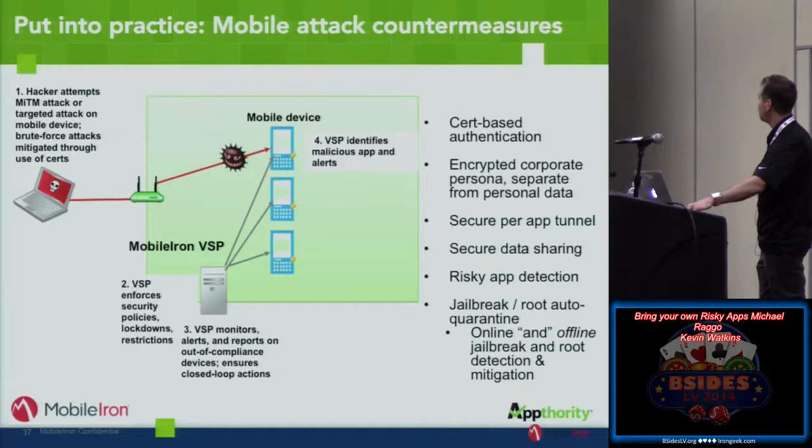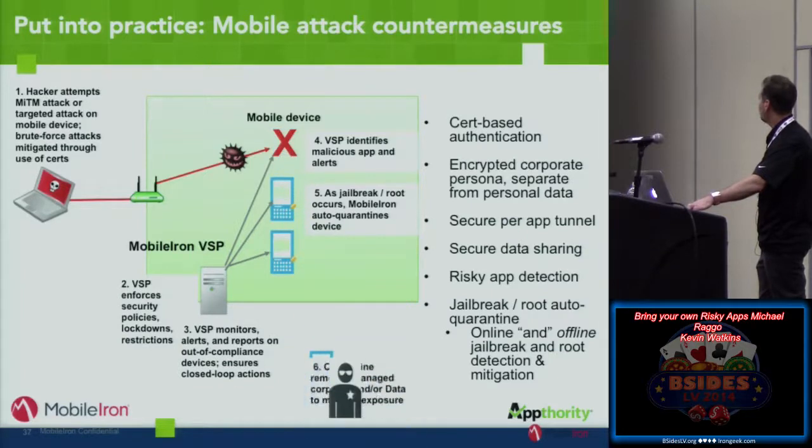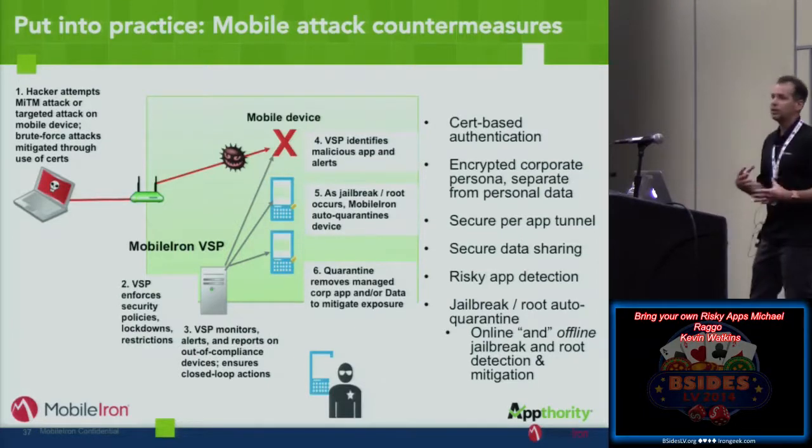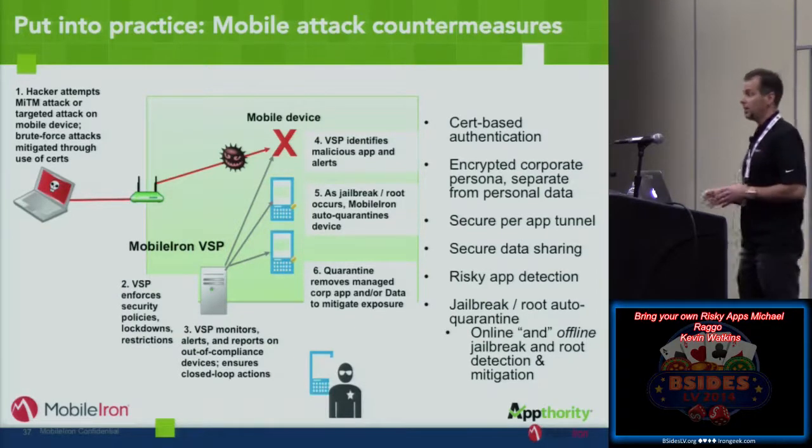If we identify a malicious app, alert on it. If we see a subsequent jailbreak or root, quarantine the device. That includes that offline jailbreak and rooting activity we talked about earlier. And then from there, we can either remove the corporate app and or the data to basically mitigate that data exposure.